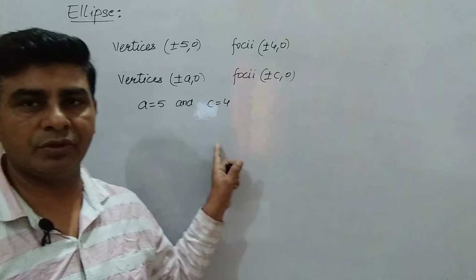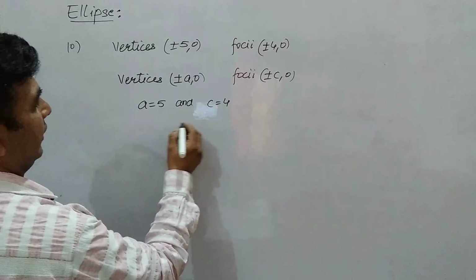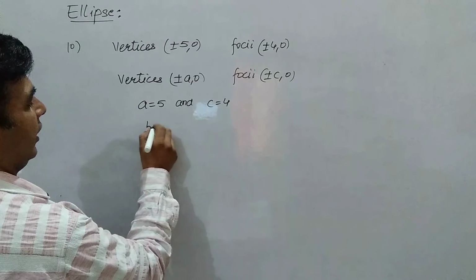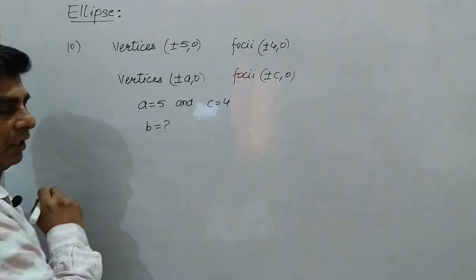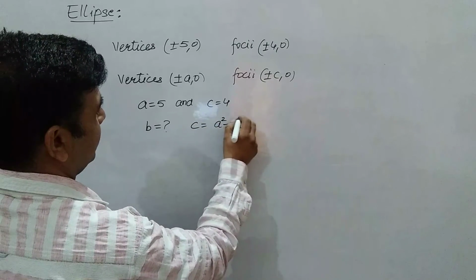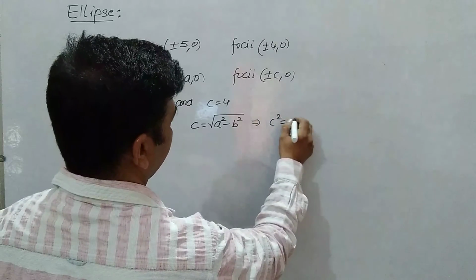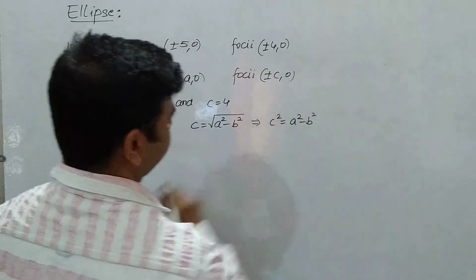So a और c की दोनों की वैल्यू मेरे पास आ चुकी है बच्चों. अब हम क्या कर सकते हैं, we can find the value of b because a, b, c are related with each other in the form of c is equal to under root a square minus b square, or this can be written c square is equal to a square minus b square.